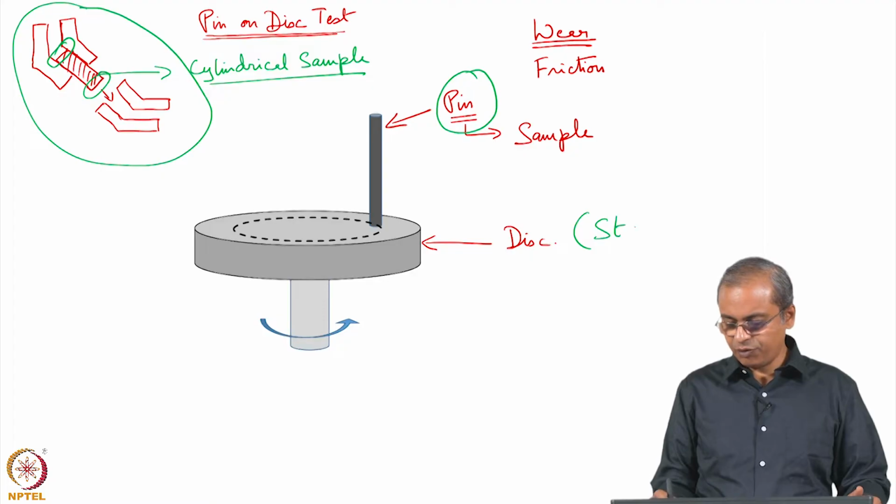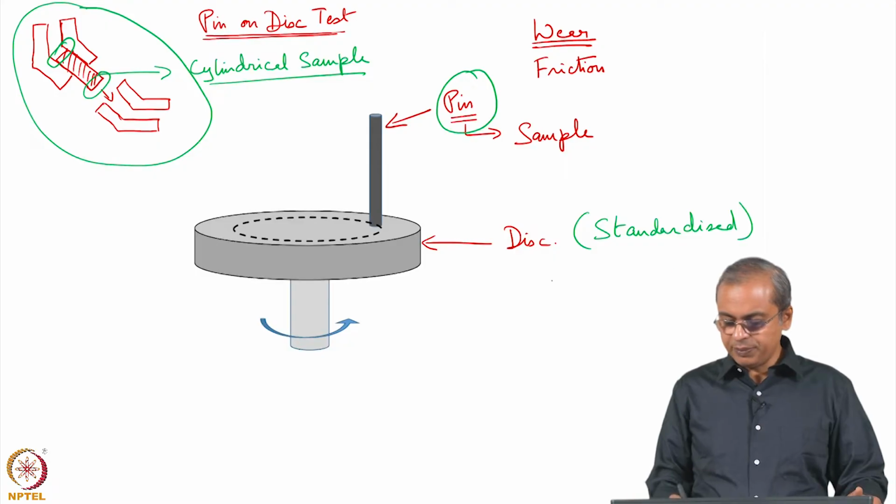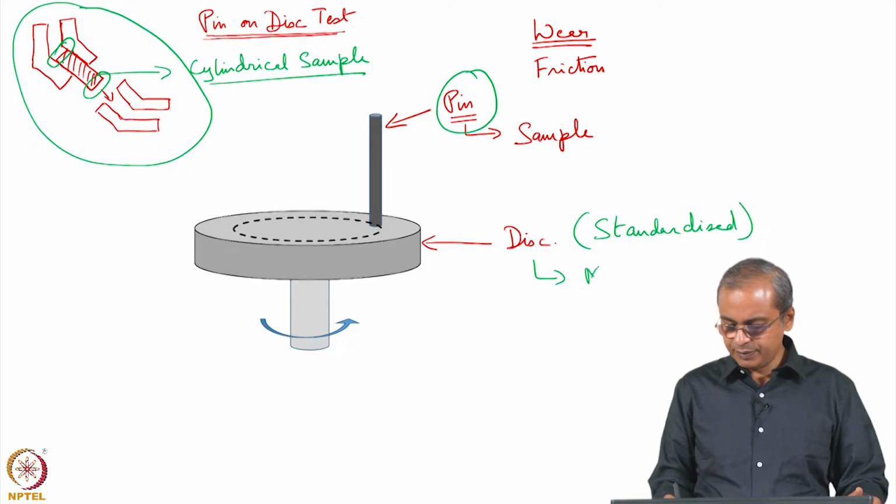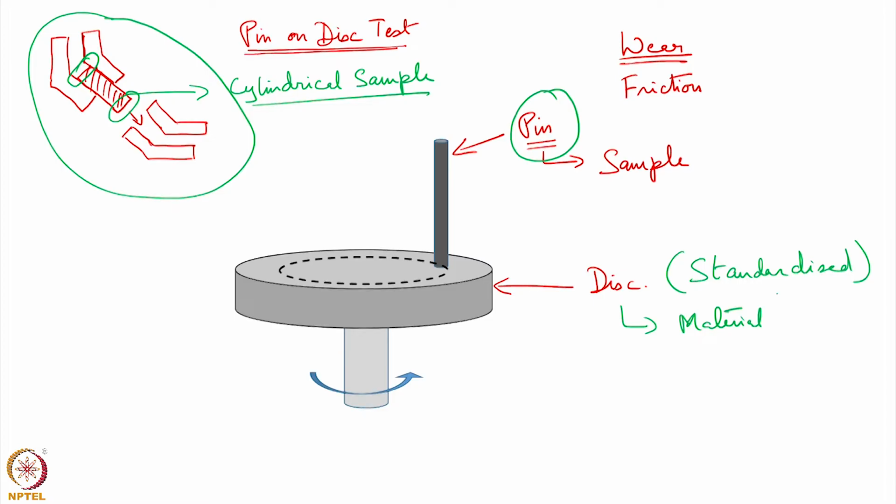So, this is standardized in some form, which means the material is fixed, and the roughness is fixed or specified. So, if you wanted to purchase a pin on disc setup, that is what it would be.